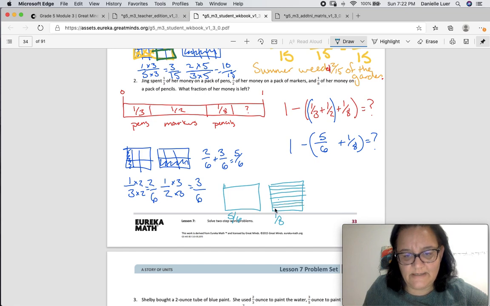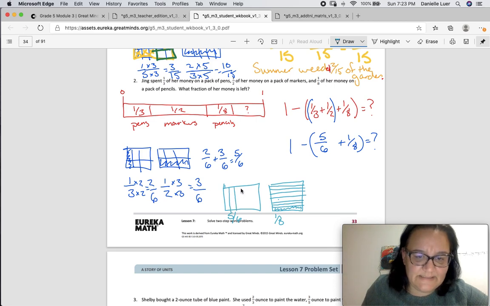And I'll make 8 right there. Okay, there's 1/8. On this side, I'm going to make it out of 6, 3, 4, 5, 6, and this is 5 6s. 1, 2, 3, 4, 5, 6.